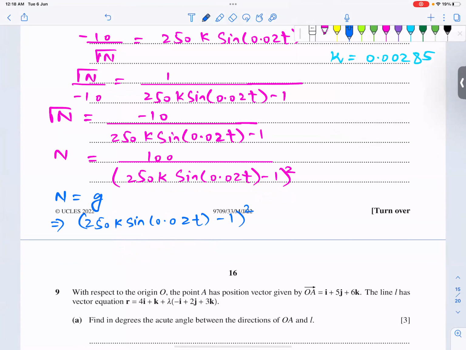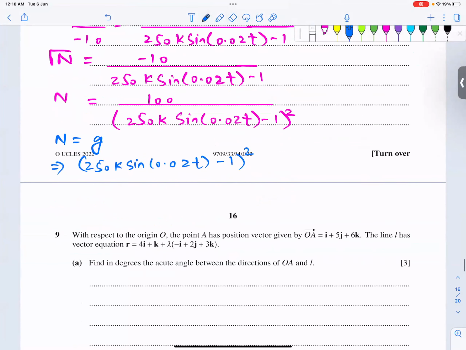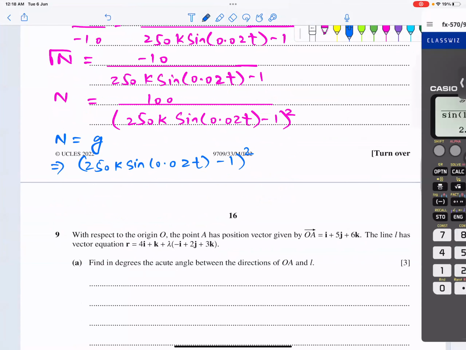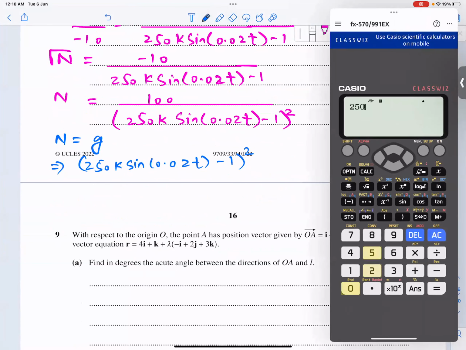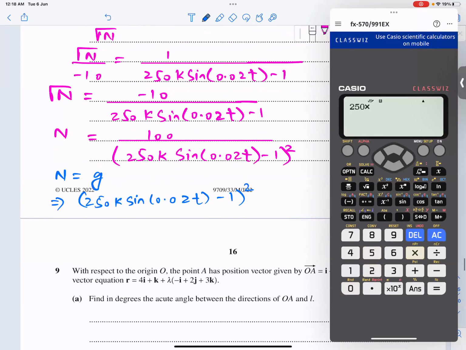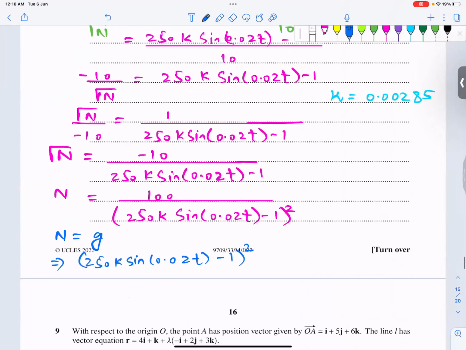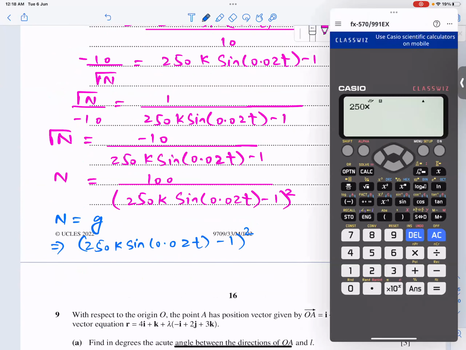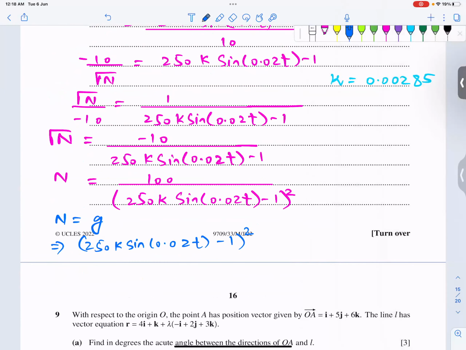Denominator is this. So when we put the value of k here, we will see that 250 times k, that was 0.00285, this will be 0.7125.